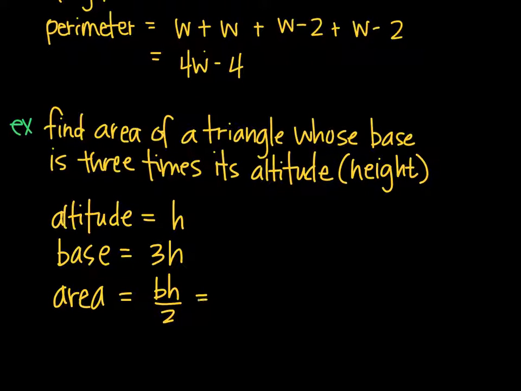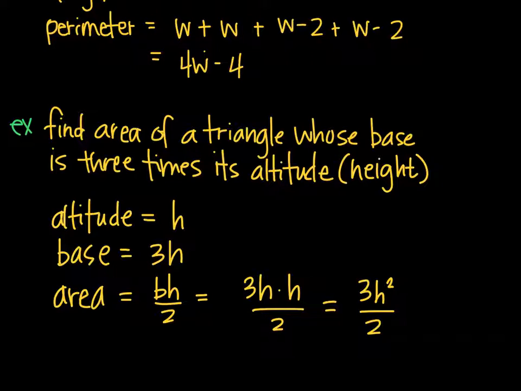And so in our situation, it would be 3h times another h divided by 2. And so when you multiply 3h by another h, that's not 4h. That's 3h squared over 2. And so that's our area. Okay, very good.